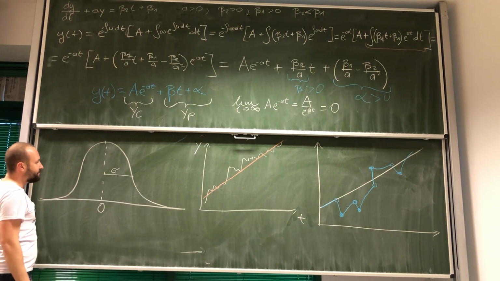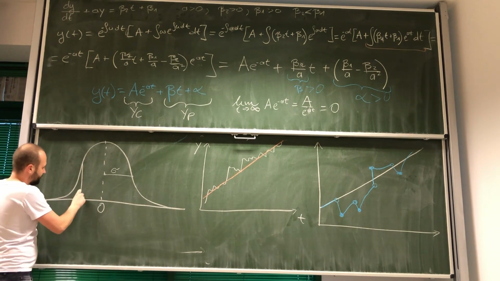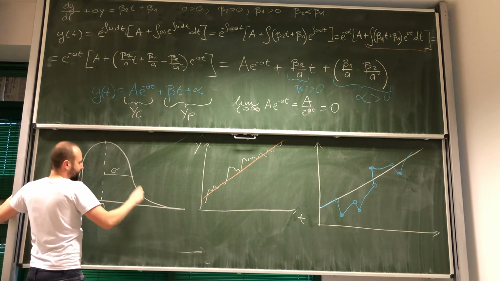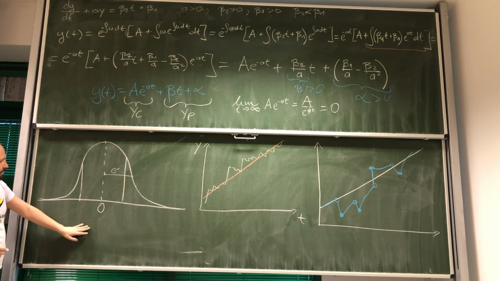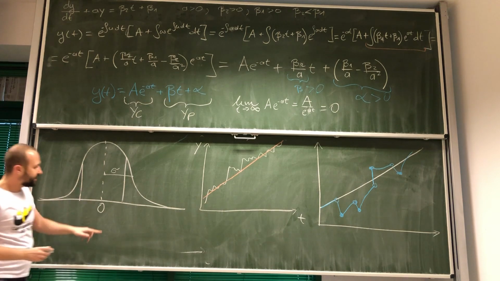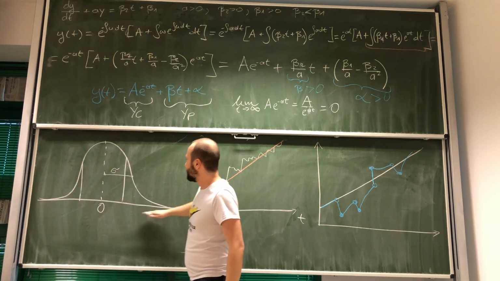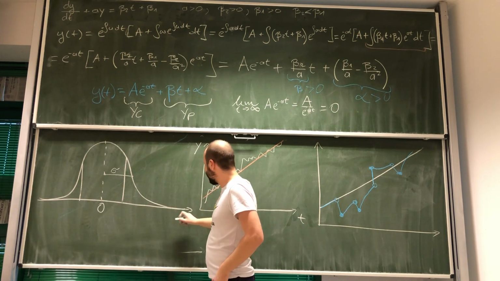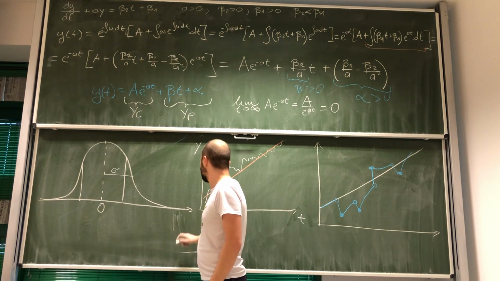And imagine it like this, that sometimes there's a negative shock, sometimes there's a positive shock. And look, on this axis, we've got the intensity of the shock, or size of the shock.